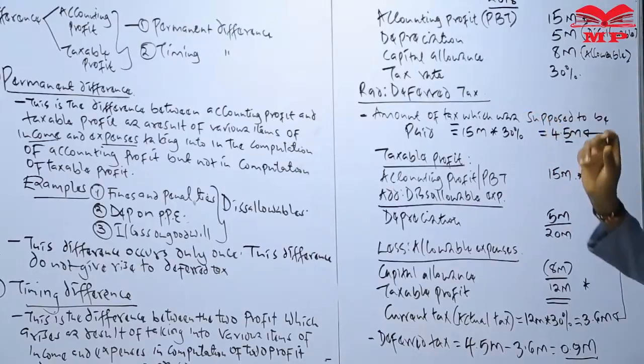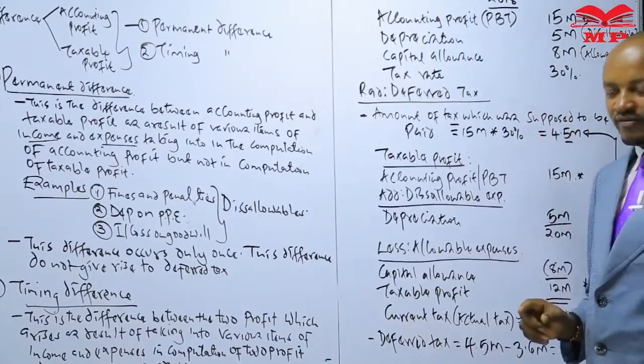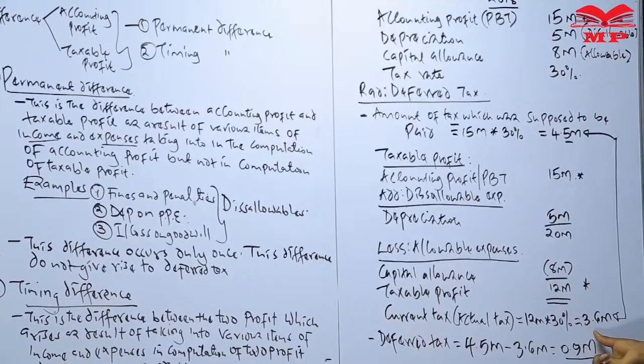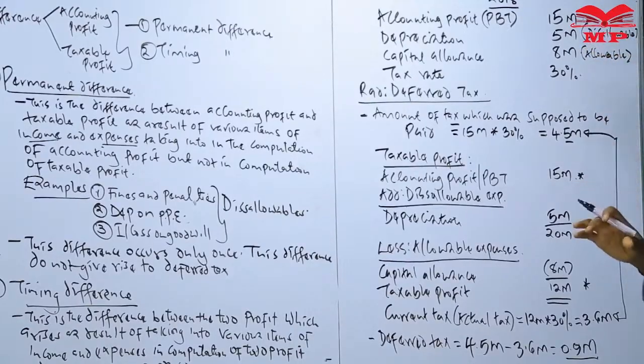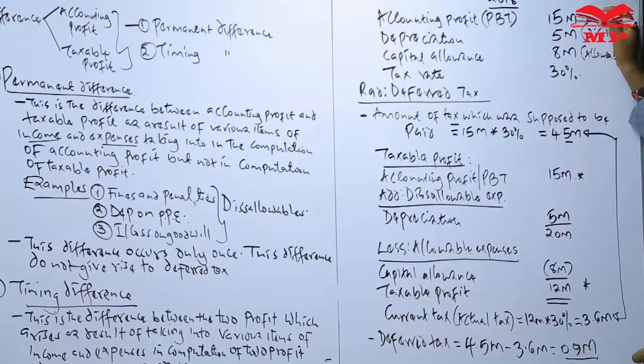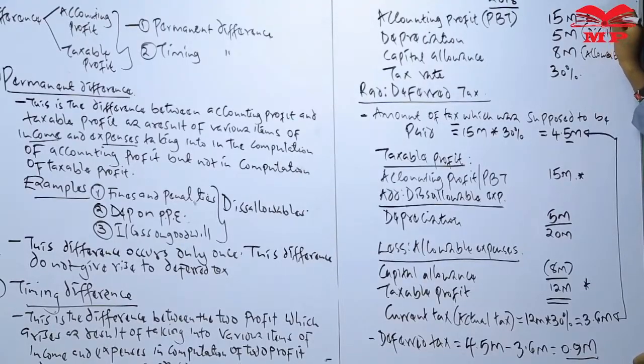In future. Now, according to IAS 12, a company is required to provide for this, meaning that whenever the company is preparing the income statement, it should take this particular accounting profit here, that is 15 million, and the company is supposed to deduct what? 3.6 million. 3.6, remember here in our case, is the current tax, the actual amount of tax which is supposed to be paid.